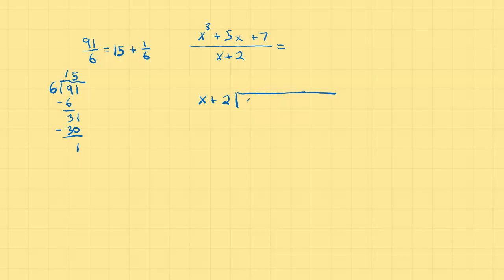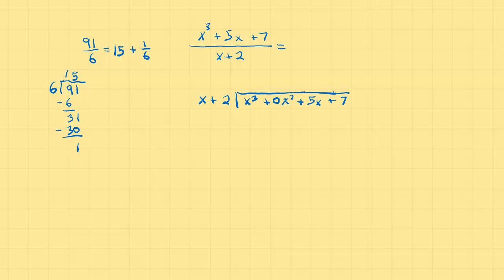On the inside, I'm going to write x cubed, and I have to put a 0x squared here, because there's no x squared term, and you still need a placeholder. Now I'm going to continue, plus 5x, so there's an x term, 5x, and then plus 7, so that's going to be the constant. Extend that a little bit.